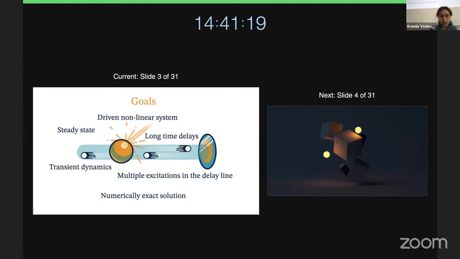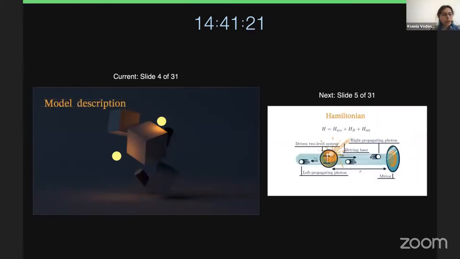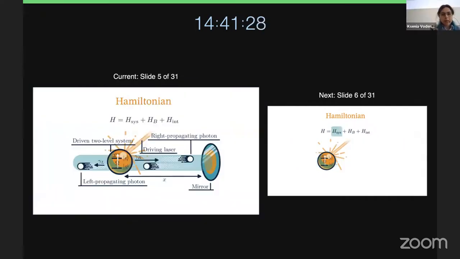And now I just want to talk a little bit more about what we're actually dealing with, what the model is. I will talk only about the simplest setup, but it can be generalized. So again, the simplest setup: an atom in front of a mirror, and our total Hamiltonian is the sum of the system Hamiltonian, that's the atom, the bath Hamiltonian of the waveguide, and their interaction.